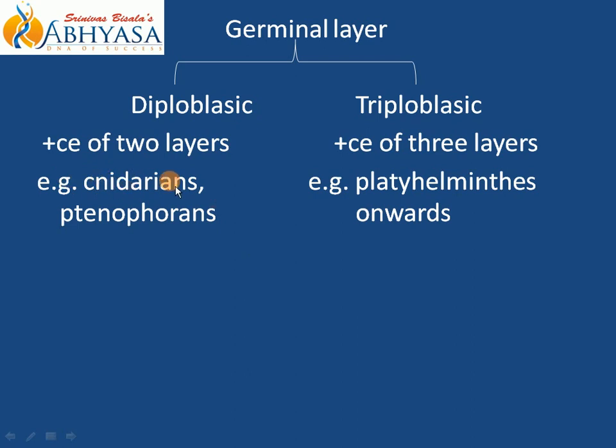We have Hydra and jellyfish, and in Ctenophora you will get Pleurobrachia. Okay. Triploblastic body is made up of 3 layers. Which organisms fall here? From phylum Platyhelminthes onwards. All the phyla that come after Platyhelminthes will have their body made up of 3 germinal layers.